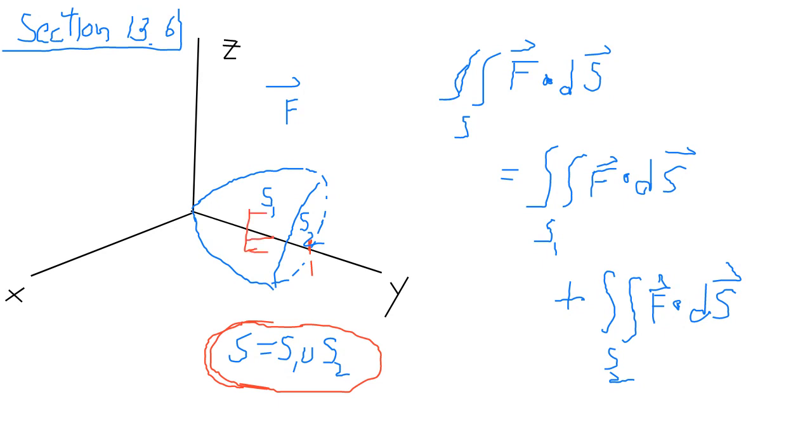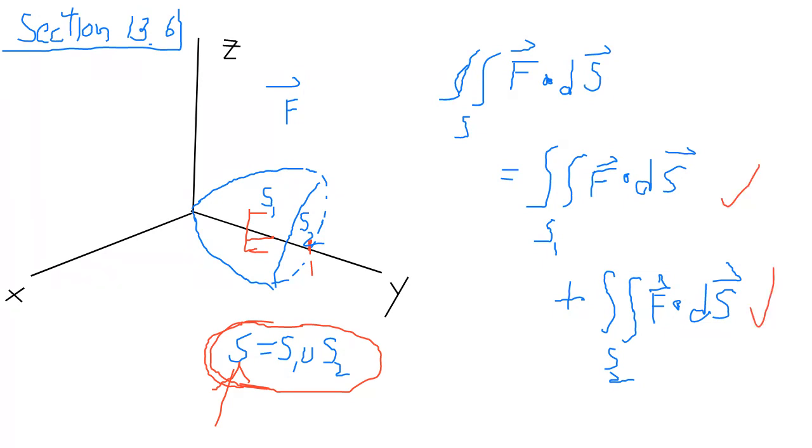The solid E was completely encased by this surface S. But in order to find the flux across this surface S that was the boundary of that solid E, we needed to add 2 flux integrals.